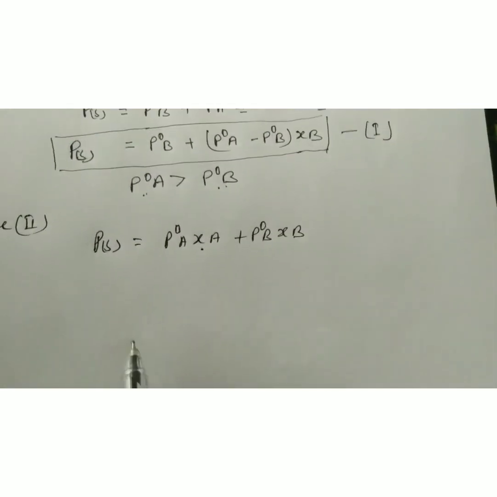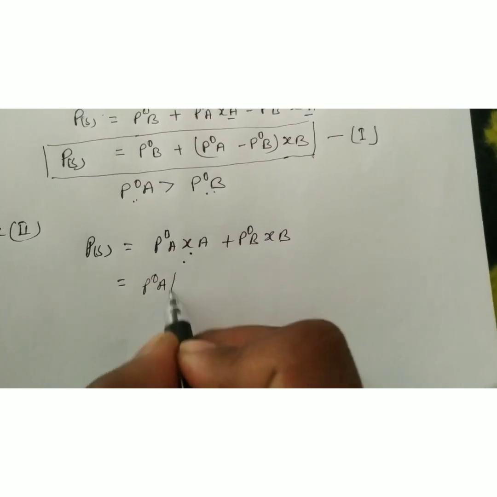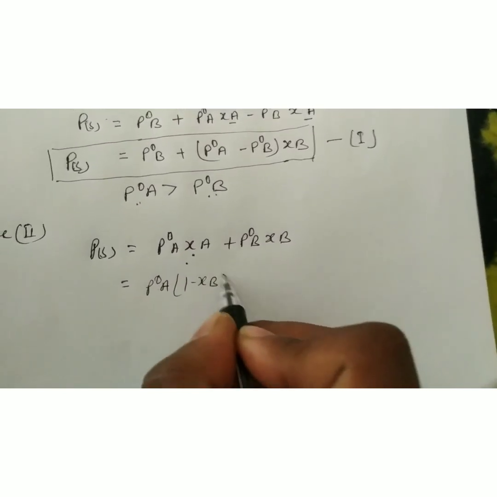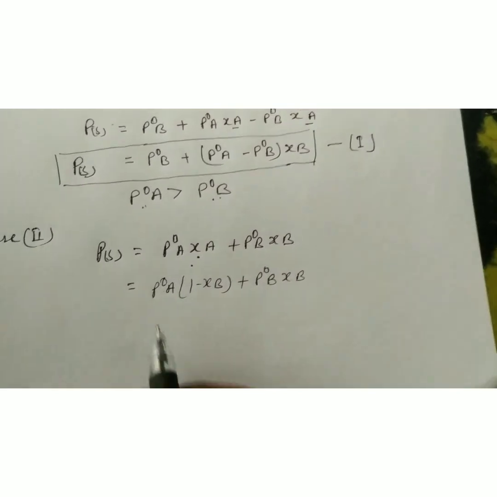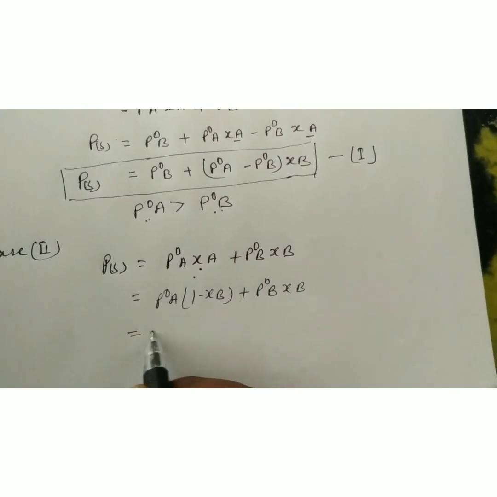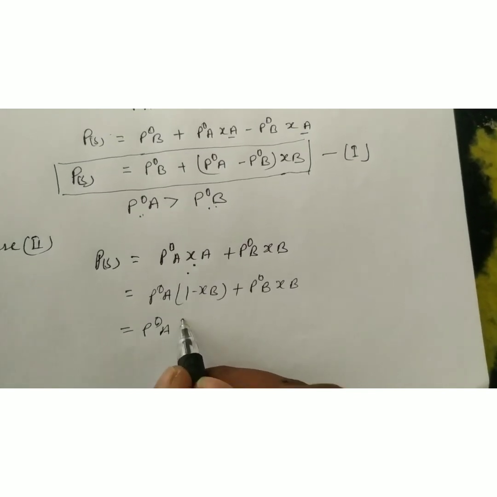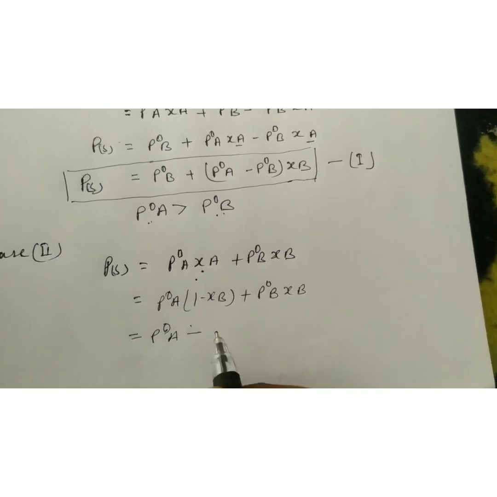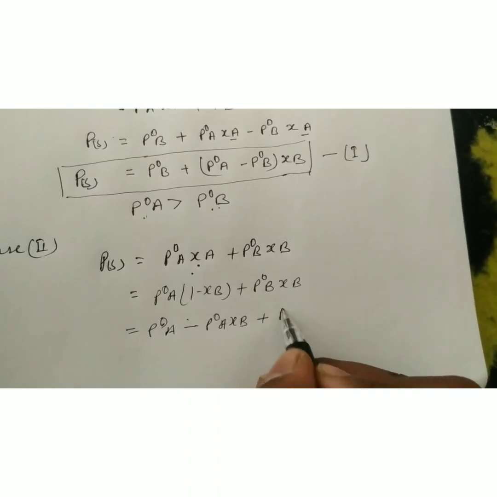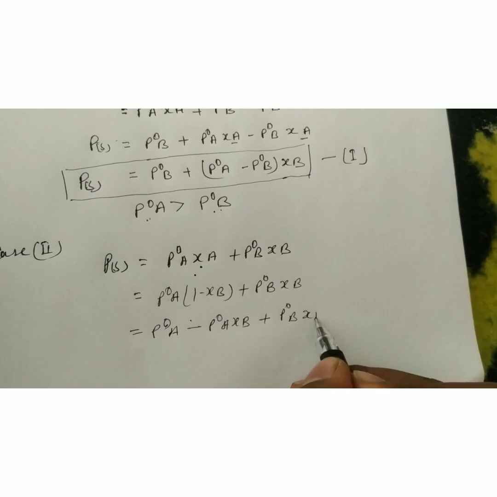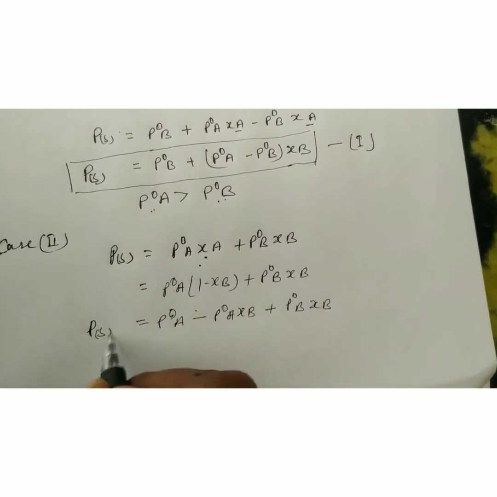So put the value of XA in this equation: P naught A into 1 minus XB plus P naught B XB. By multiplying, P naught A minus P naught A XB plus P naught B XB. So this is the total pressure of solution.